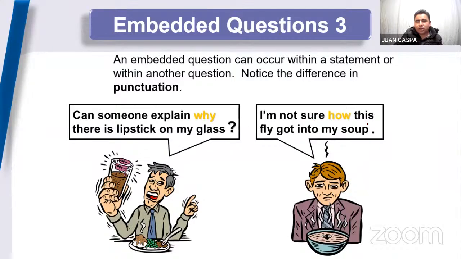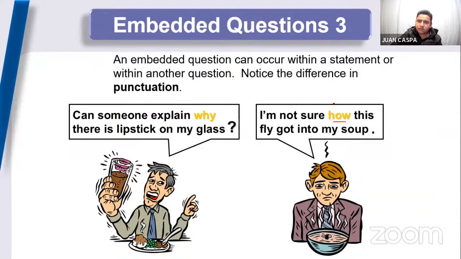So I'm not sure how this fly got into my soup, but if you want to ask a direct question, here it can be a little bit different. It can be like, maybe they can say why, perhaps it can change.